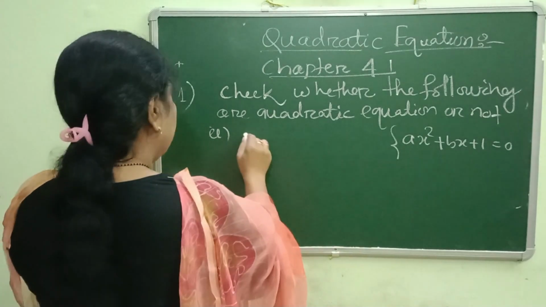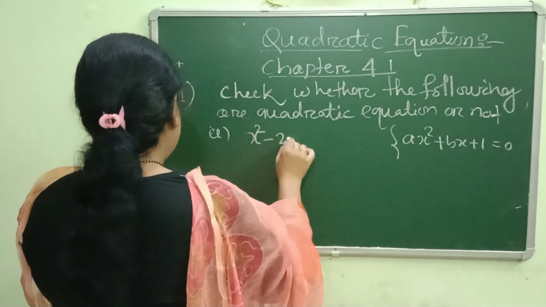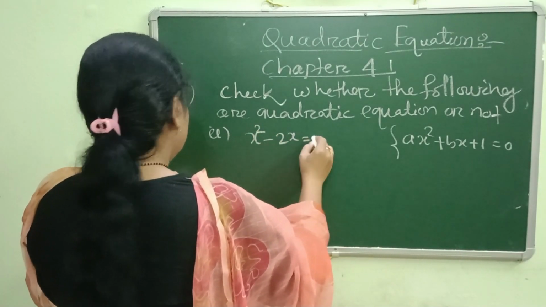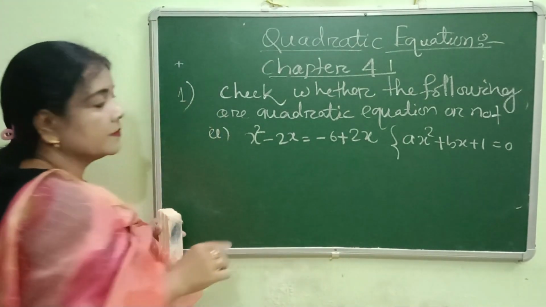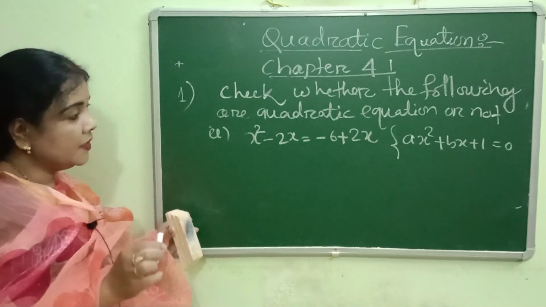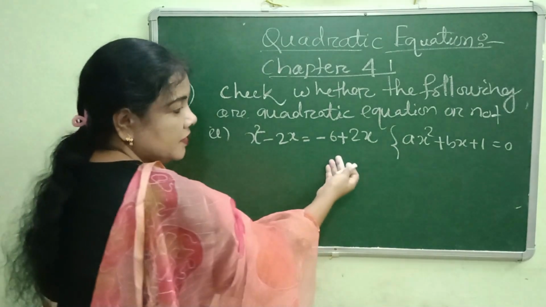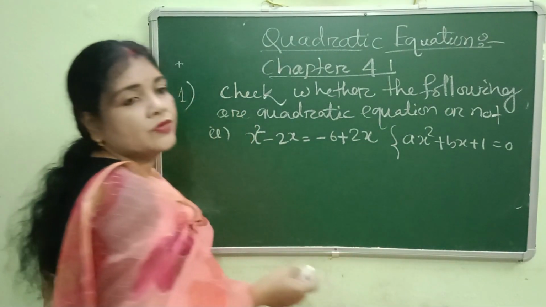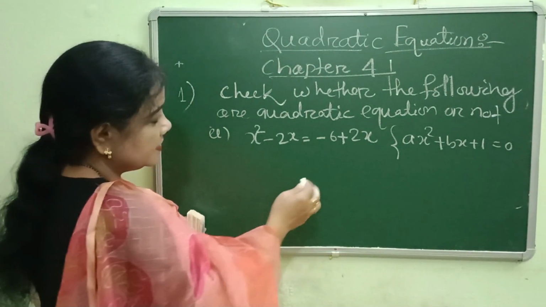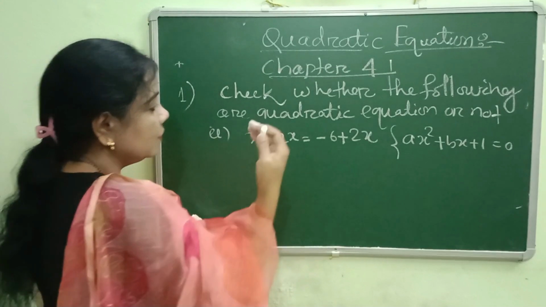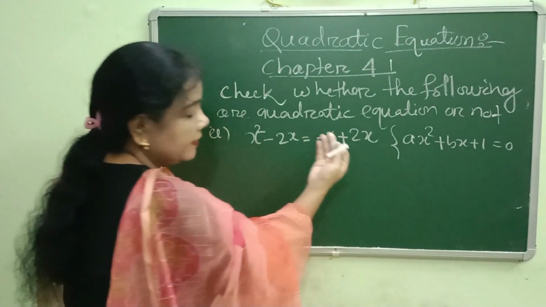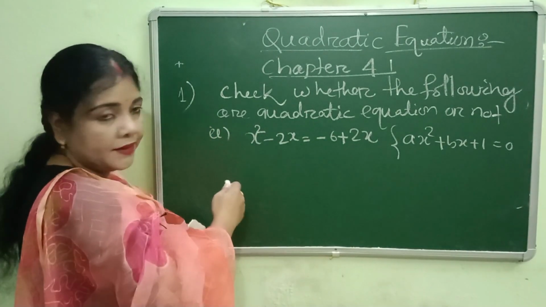The question is given: x square minus 2x is equal to minus 6 plus 2x. Similarly, we have to bring this to the standard form, x square plus bx plus c. There is no multiplication here. You simply have to take the right-hand terms to the left-hand side.